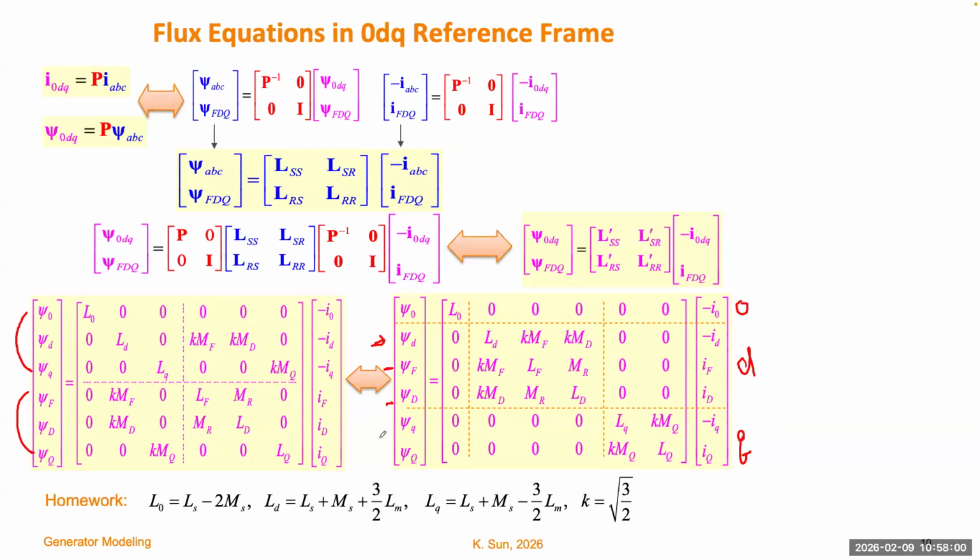For the Q axis, we have one from the stator and one from the rotor. If you write it this way, the inductance matrix becomes block diagonal: we have one element, another 3x3 block, and this 2x2 block. We have a diagonal block matrix, which makes the equation simpler.